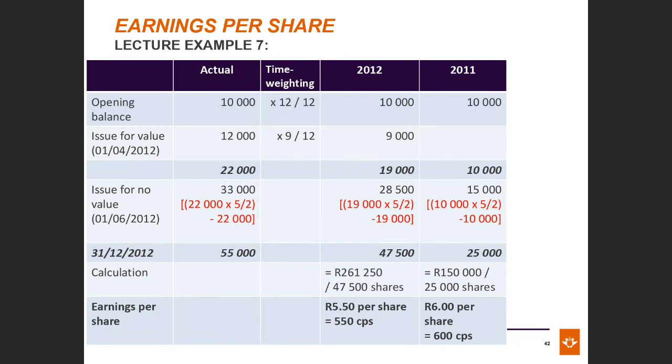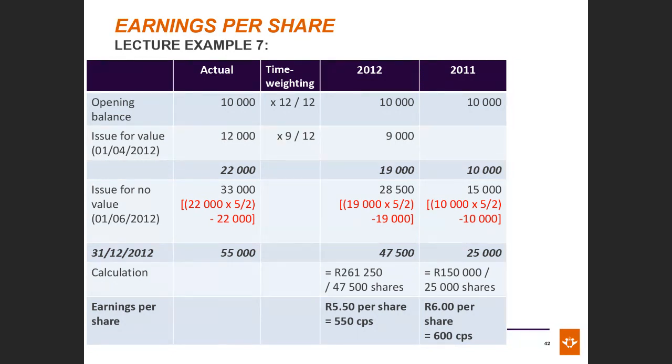In order to calculate the number of new shares as a result of this issue for no value, you have 33,000 shares. Here the calculation goes 22,000 times 5 divided by 2. You had 2 shares, now you have 5 shares. Obviously, you want to calculate the issue for no value, so you are minusing 22,000, which is essentially your balance just before the issue for no value.